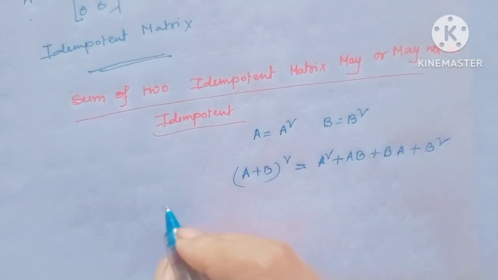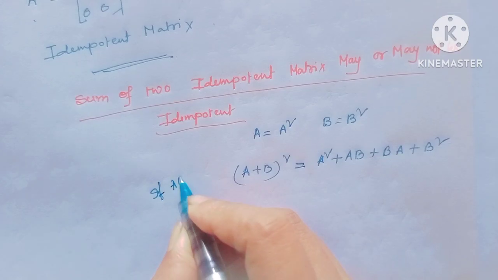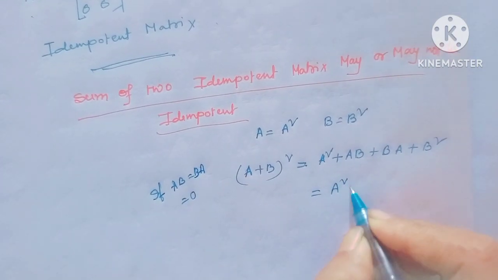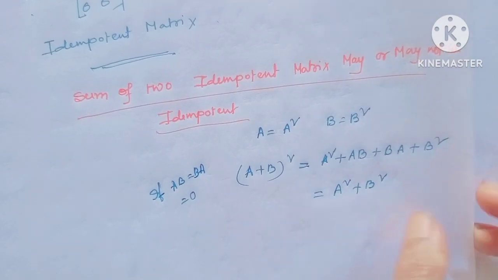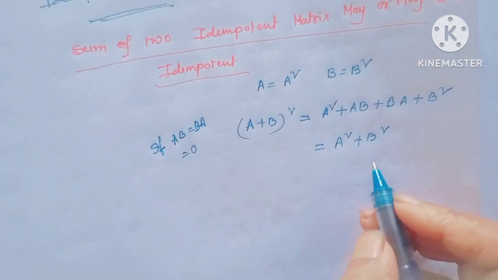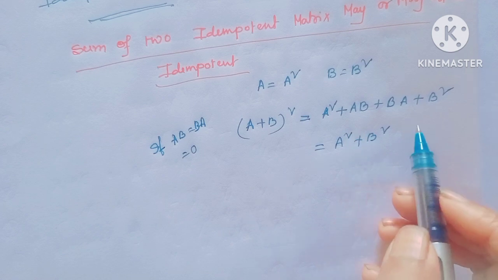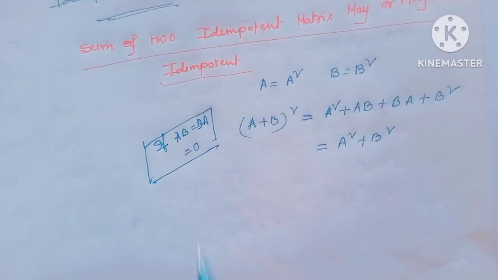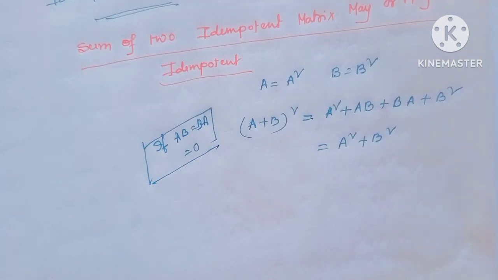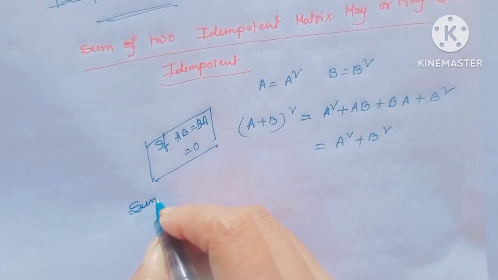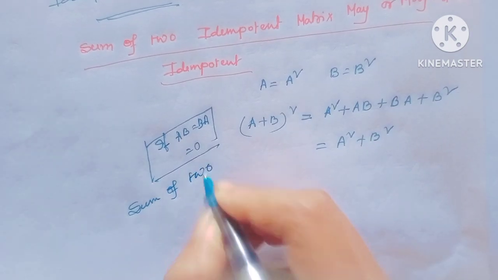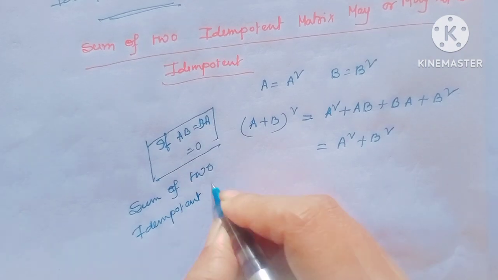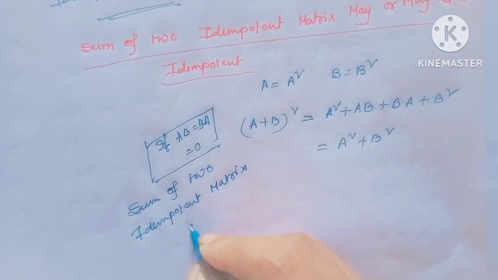If AB equals BA equals 0, then this is equal to A square plus B square. Otherwise, this is not true. That means when AB equals BA equals 0, the sum of two idempotent matrices is idempotent.